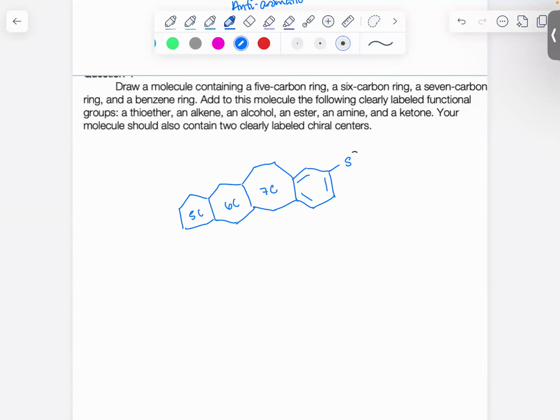That is a thioether. This is an alkene. That's an alcohol.